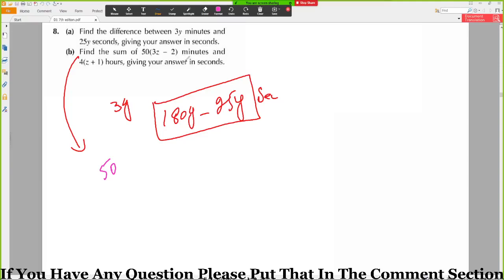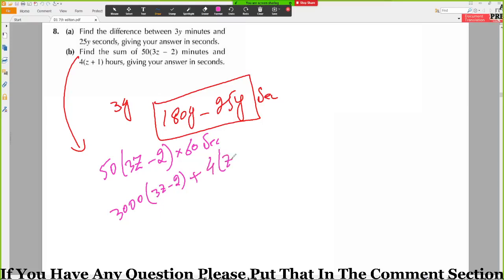So we need to convert this into seconds. So this will be 3z minus 2 times 60, which is 3600 into 3z minus 2, plus 4 into z plus 1.